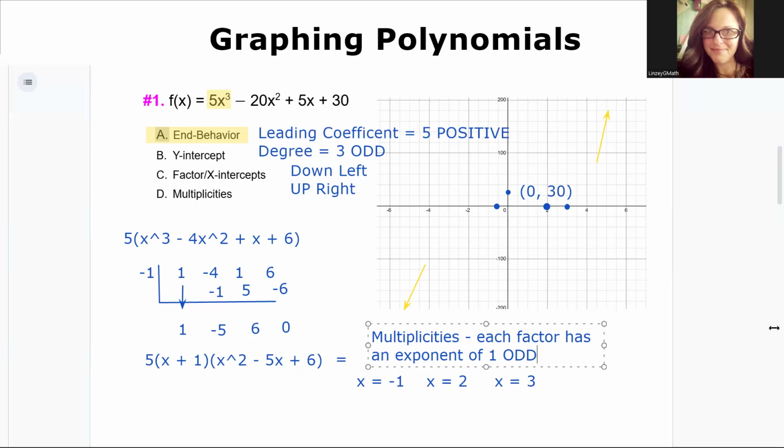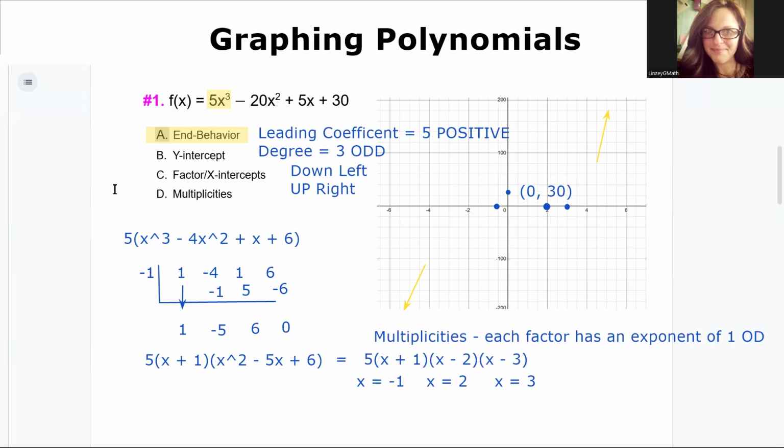So we know that the graph goes through the x-intercepts. So down on the left, we'll go through the x-intercept to our y-intercept, and then we'll go through 2, and then at some point we've got to turn around and go through 3, up on the right, down on the left. And there's a rough sketch of this polynomial.